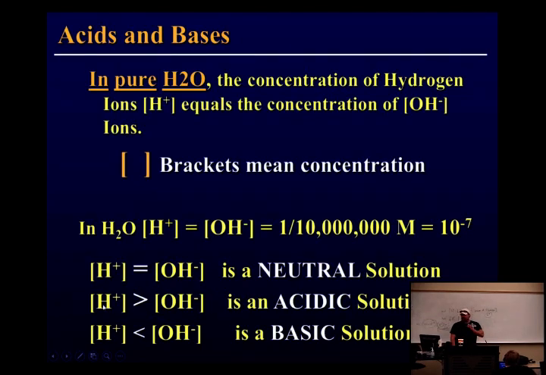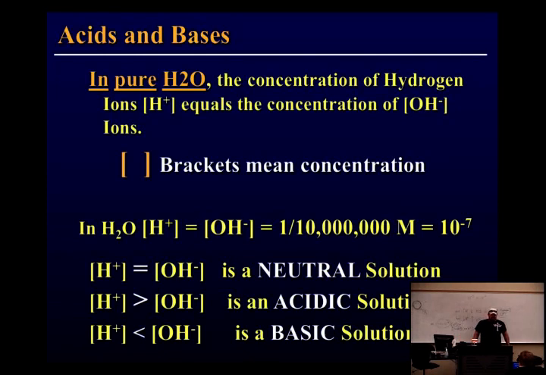All right, so if the hydrogens are higher, what's bigger? 10 to the minus 7th or 10 to the minus 6th? So how many people think 10 to the minus 7th is bigger? How many people think 10 to the minus 6th is bigger? Yeah, you're right.